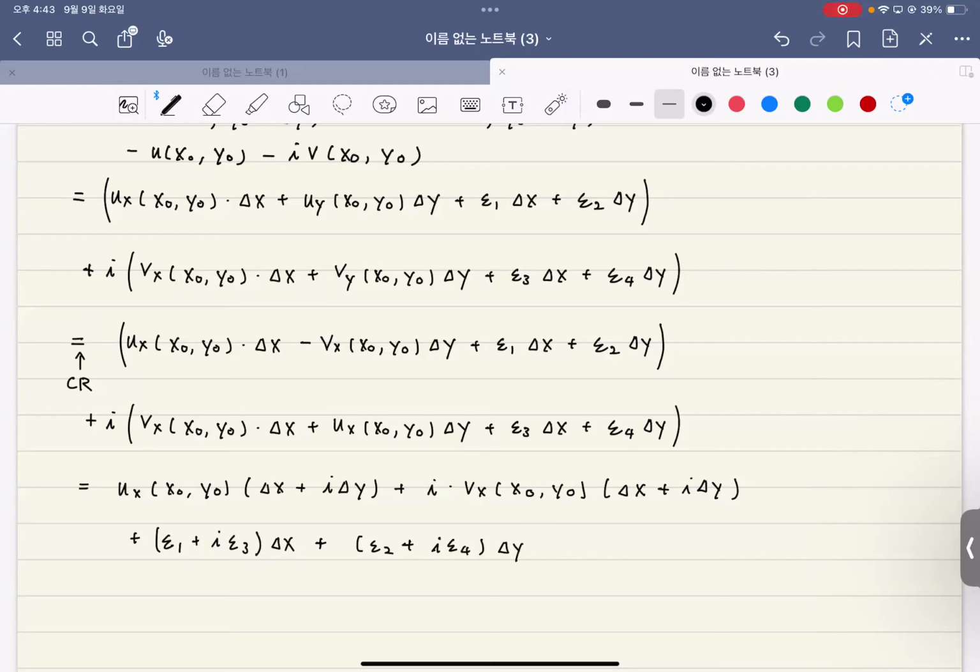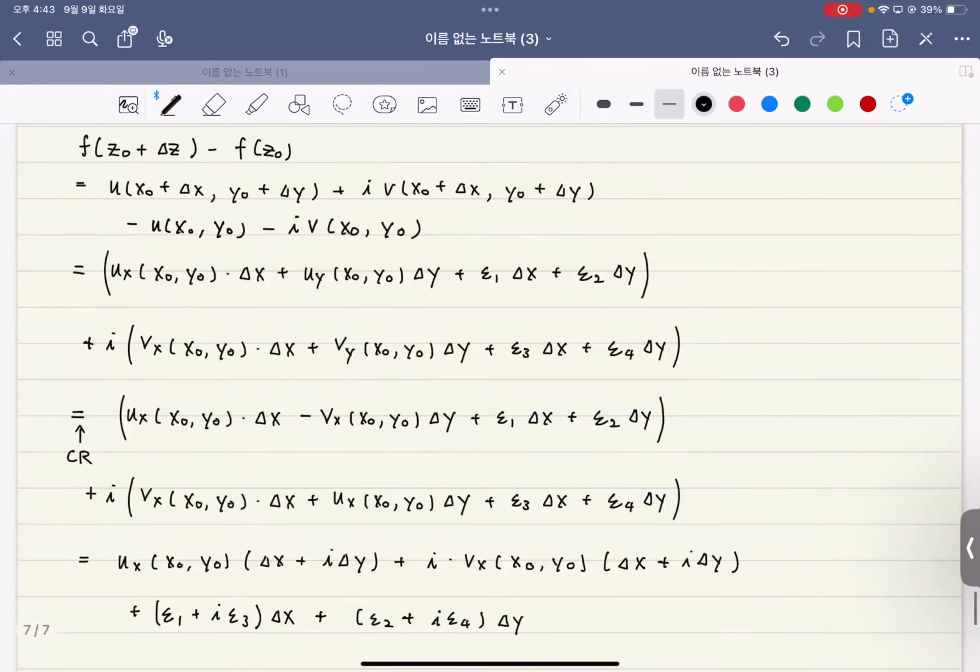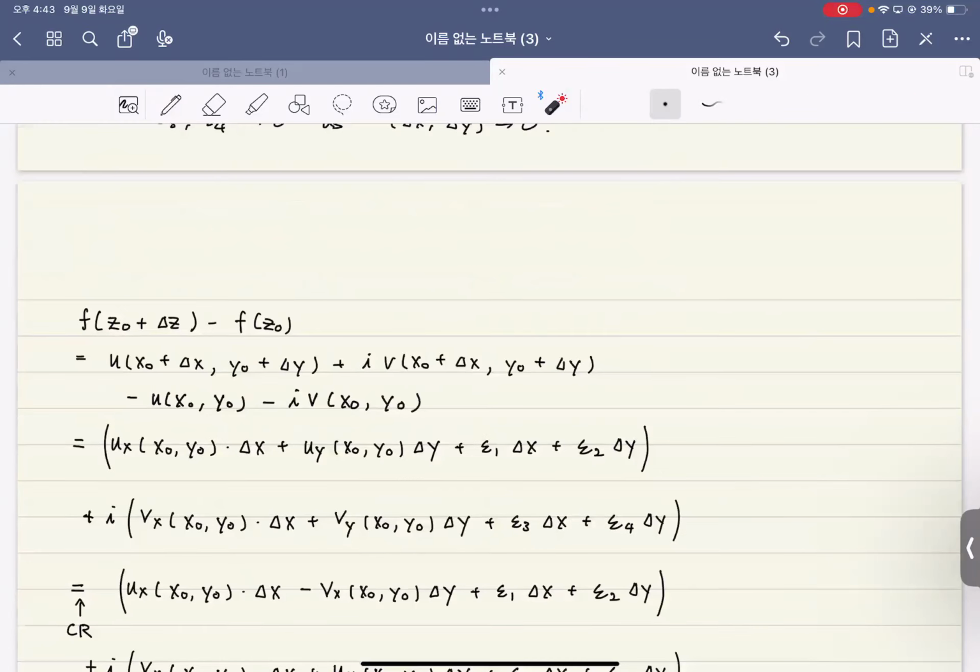Great. So this is my f(z0 + delta z) minus f(z0).